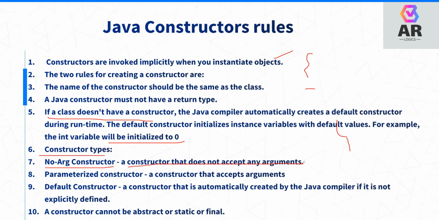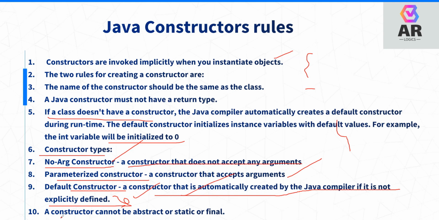A parameterized constructor is a constructor that accepts arguments. Default constructor: a constructor automatically created by the Java compiler if it is not explicitly defined. We have not defined it, so it will be created automatically by the Java compiler. You can check it.